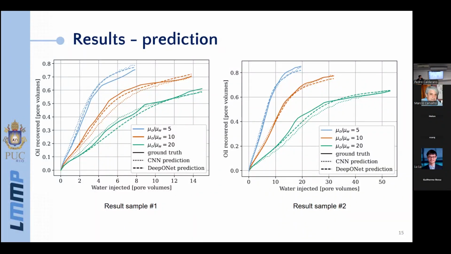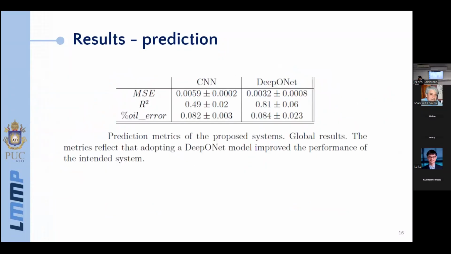And when I compare the performance of the DeepNet and the CNN, the DeepNet was an improvement over the CNN, and its performance, considering the R-squared metric, was improved by about 65%.